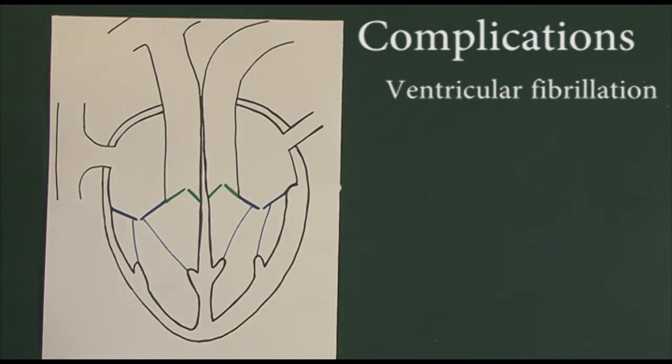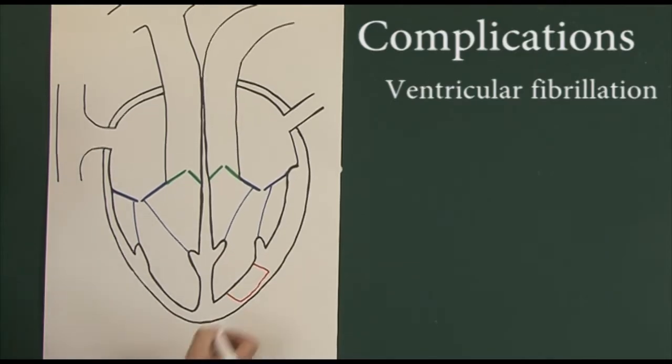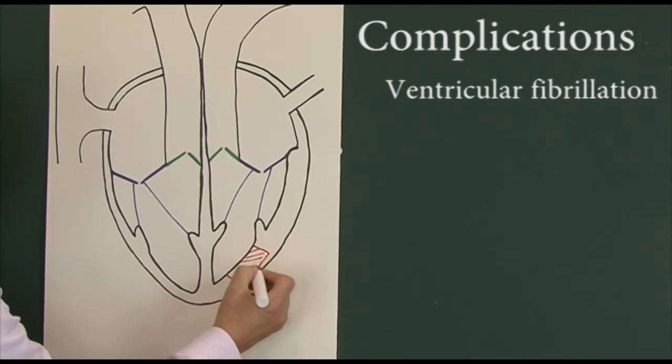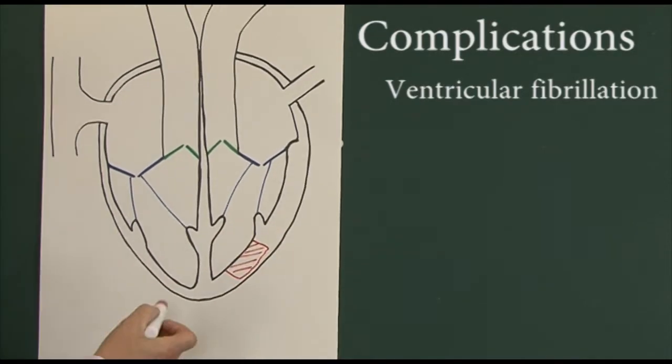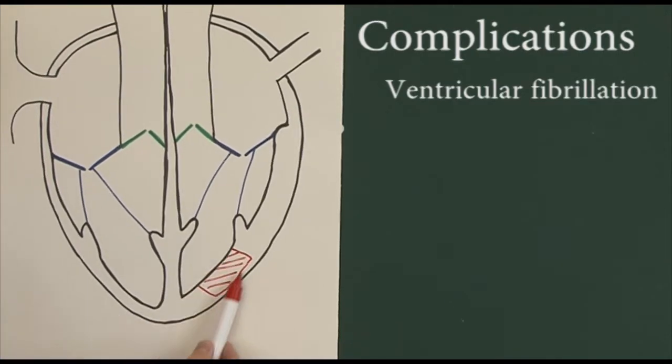So what typically happens if there's an area of infarction here, say, this is the infarcted area of myocardium. The muscle cells in this area, the myocytes, are deprived of their oxygen supply and they start to die.